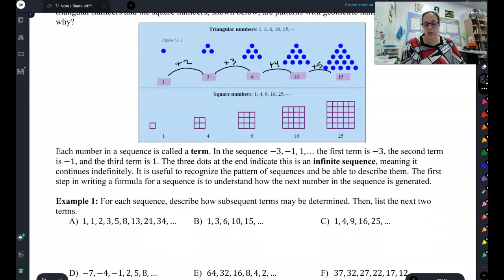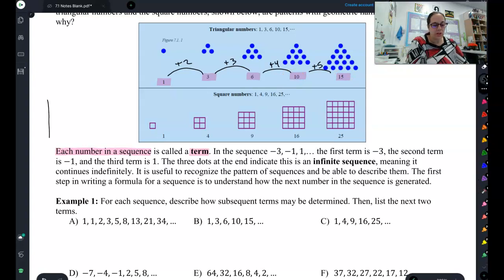Now, each number in the sequence is called a term. So we would say this is the first term, this is the second term, this is the third term, fourth term, fifth term, that sort of thing.